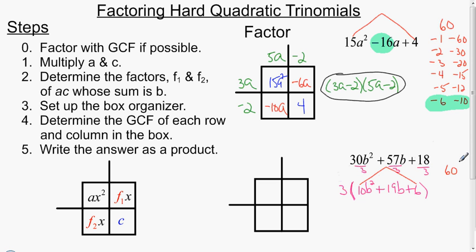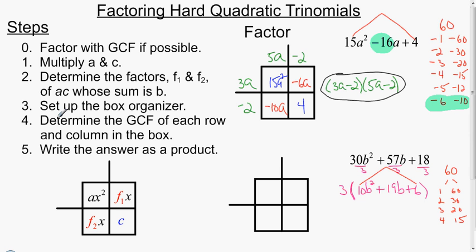And then I'm going to look for the factors of 60 whose sum is 19. All the signs are positive, making it a little easier. 1 and 60 doesn't work, 2 and 30 doesn't work, 3 and 20 doesn't work, 4 and 15 does work. I'm going to stop there to save a little time.